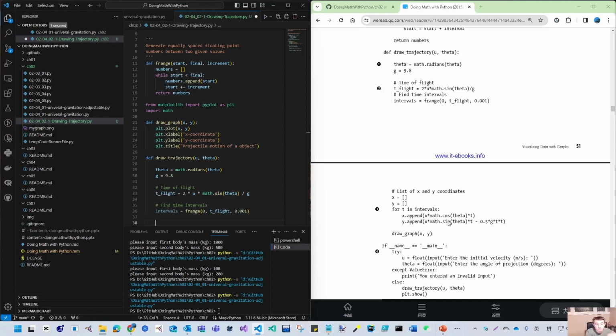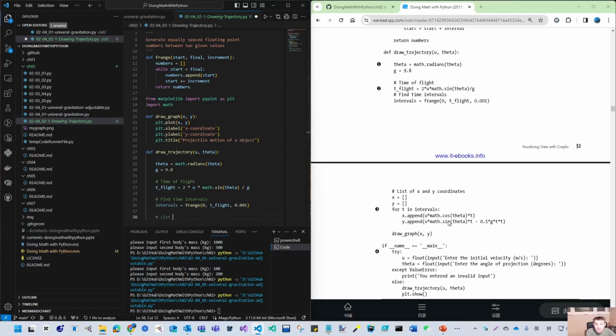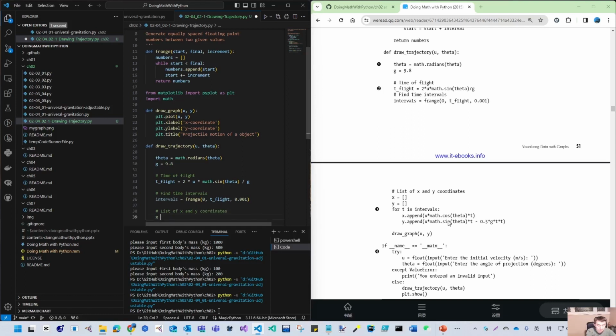Now we will calculate the y. So a list of x, or calculate these points, points x and y, and put them into the coordinate space. So we make the lists of x, y coordinates empty first.